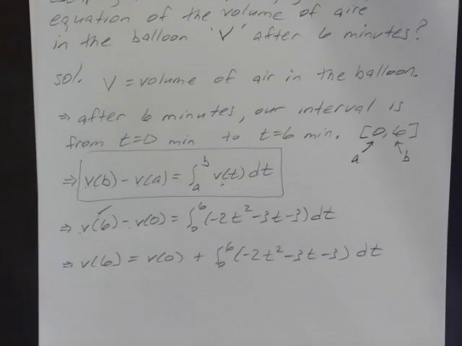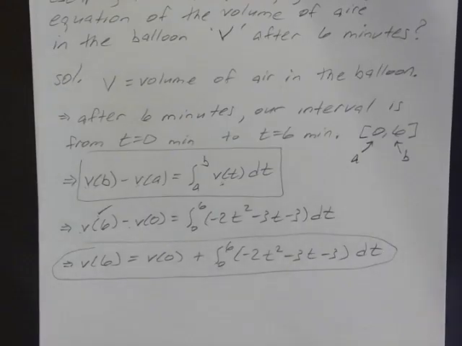So all they wanted to know was the equation. They did not want us to solve it. So we're going to leave it right there. So if they ask for just the equation, this is all they're looking for, is just the equation. All right, so any questions on that one?